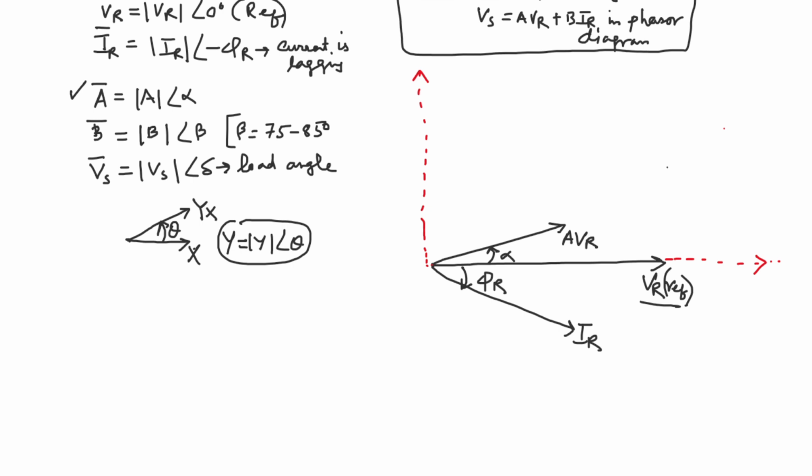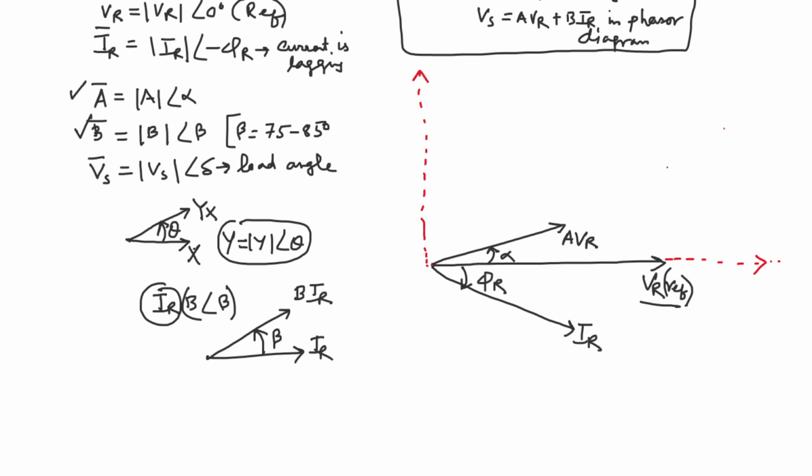Now BIR: similarly, if IR is multiplied with B, then IR should be rotated by an angle of beta that is contributed by B. I repeat, if this is IR and you multiply this B phasor with this IR, the angle contributed by B is beta, so BIR should be in this direction. This angle is beta, which is a positive angle contributed by this phasor B.